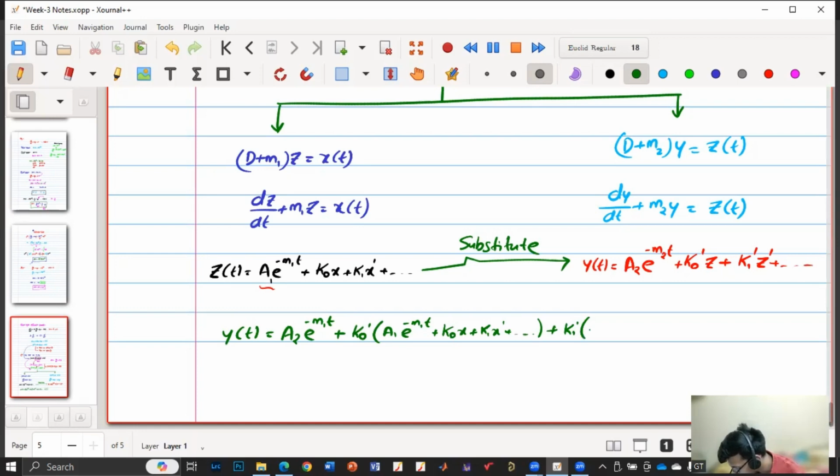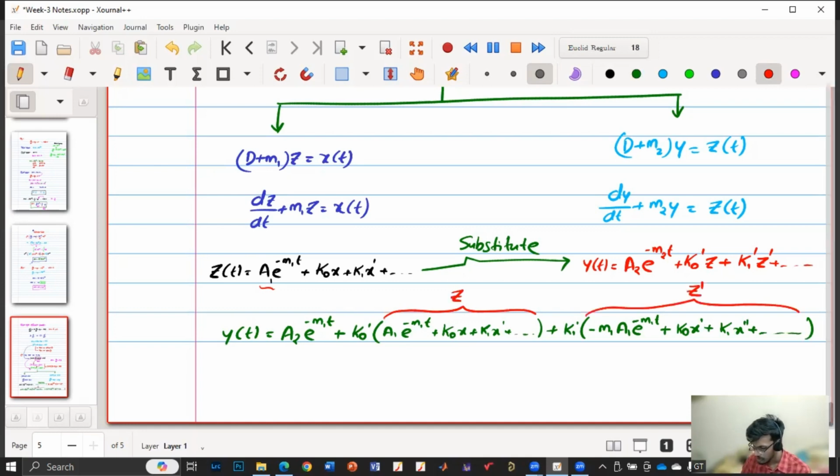It will be minus m1 a1 e to the power minus m1t plus k0 x dash plus k1 x double dash plus, and so on. Do you agree? So this part is my z and this part is my z dash. I have substituted directly my z and z dash, and there are an infinite number of such terms. Do you agree?